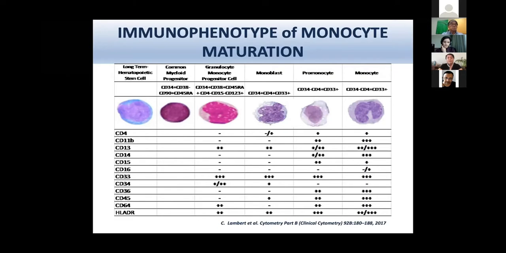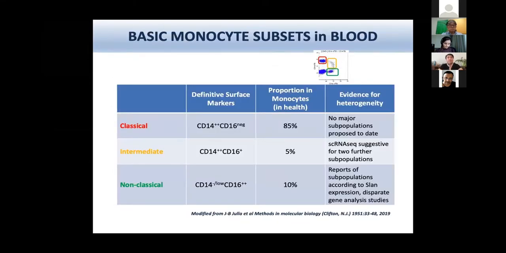There are many different markers that we can use to describe these different subsets of the monocytes. But the basic monocyte subsets in blood are divided into 3 main groups. There are classical, intermediate, and non-classical cells that we classify according to their expression of CD14 and CD16.